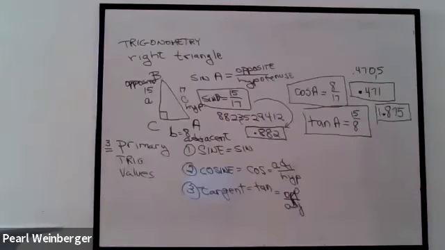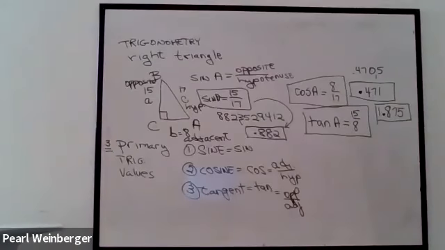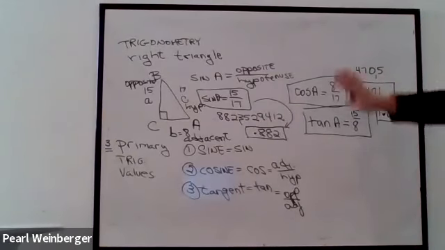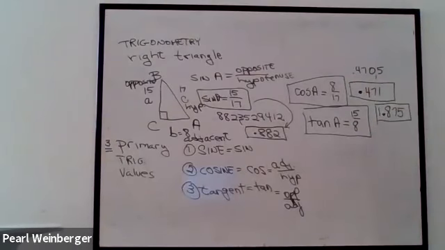What did we start out with before we even started with this? Didn't we start out with the Pythagorean theorem, a squared plus b squared equals c squared? Okay, yes, we did. I started with that because with that, you can always figure out the third side of the triangle. So really, to do this, all you need to know is 2 sides of the triangle, because then you can figure out the third side, and then you could do all of these.